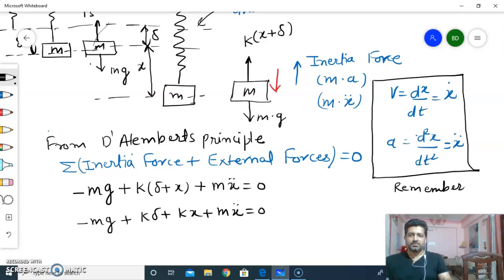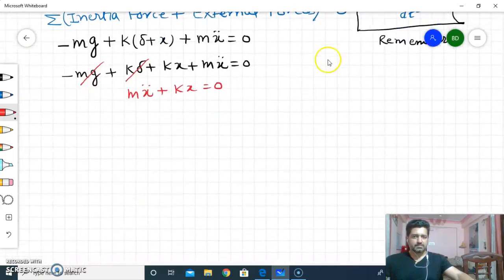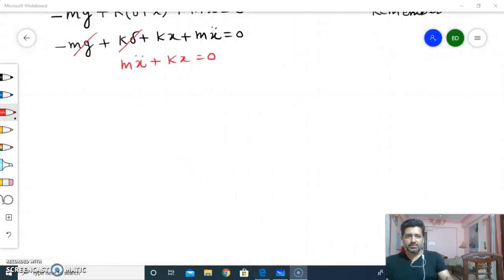So from this condition, we can write that mg is equal to k delta. So mg and k delta cancel out. We are left with the equation m x double dot plus kx equals 0. Dividing by m on both sides, we get x double dot plus k by m into x equals 0.